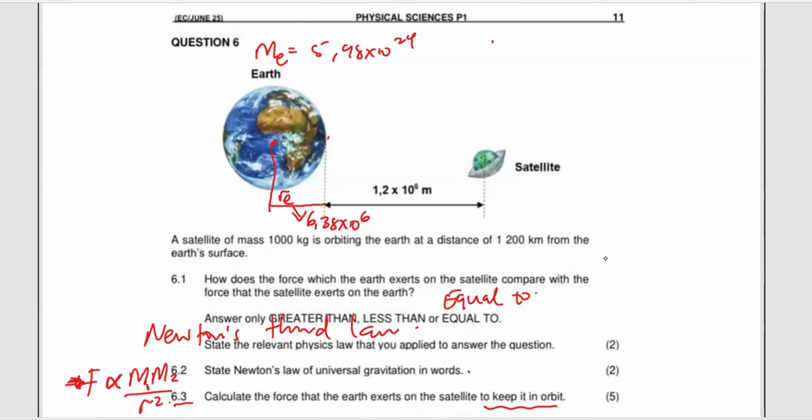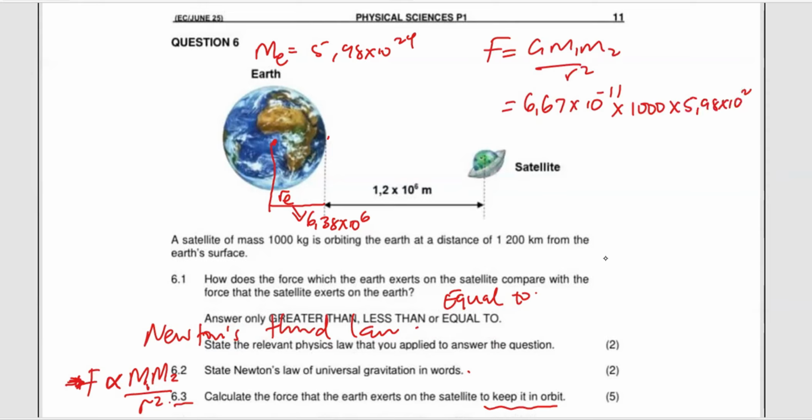Then we can go ahead and say F is G M1 M2 over R squared. So G is a constant, which is 6.67 times 10 to the negative 11. We're multiplying it with the first mass, which is 1,000, the second mass, which is 5.98 times 10 to the 24. And then we are dividing this.